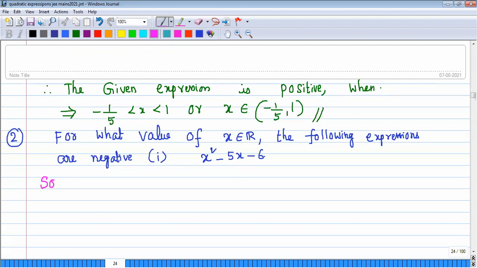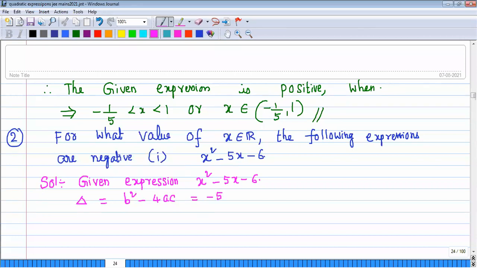So first, the given expression x square minus 5x minus 6. Delta is b square minus 4ac.